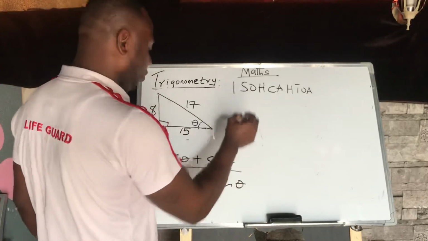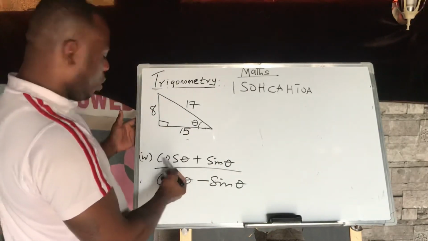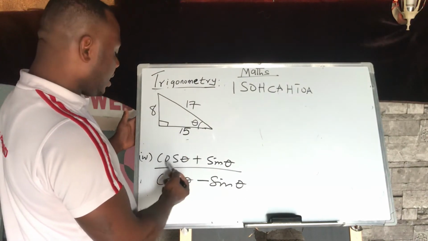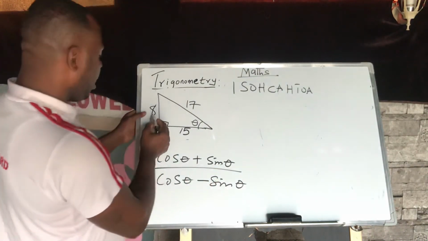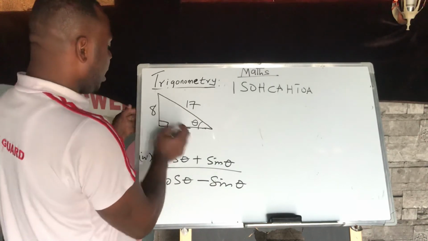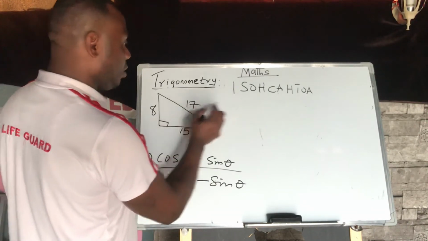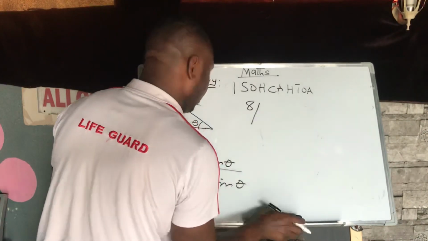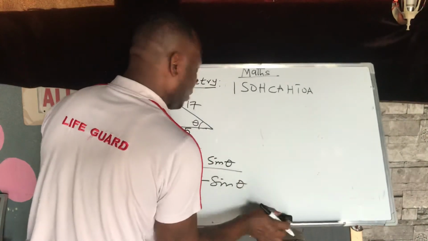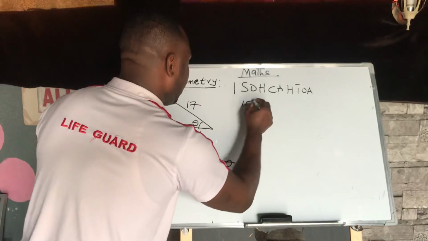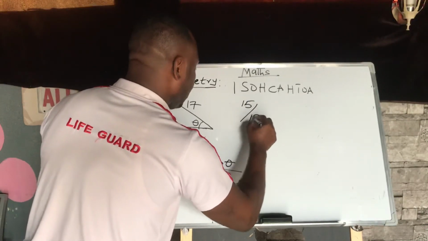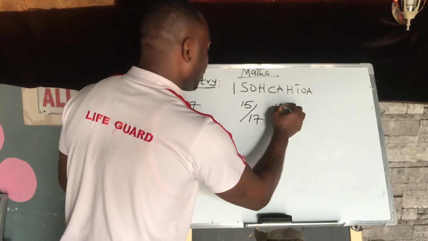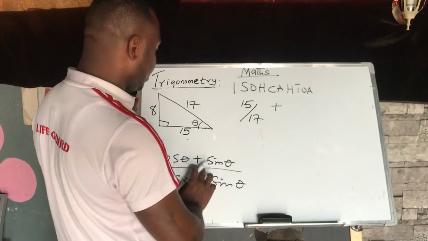Now, we come up here. What is cos theta on its own? Cos theta is adjacent over hypotenuse, which is 15 over 17, plus what is sin theta?